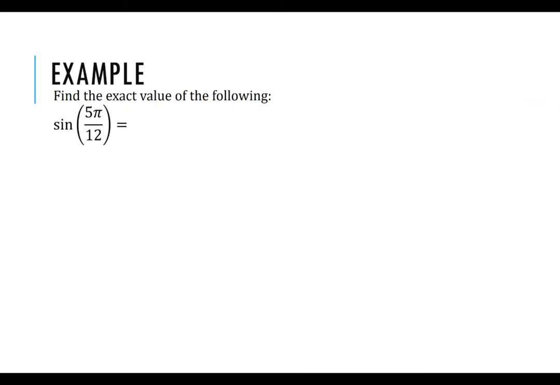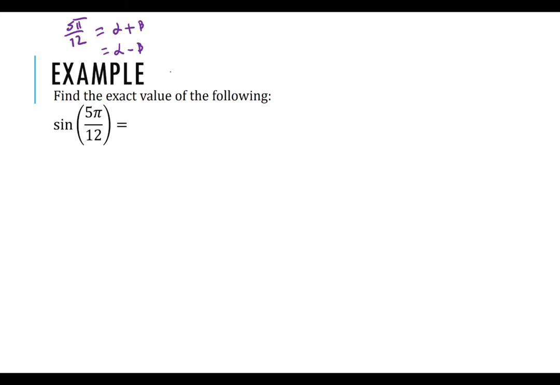Then if we have sine of 5 pi twelfths, recognize that 5 pi twelfths does not show up on my unit circle. So I'm trying to come up with a way to rewrite 5 pi twelfths as some alpha plus beta or some alpha minus beta. It doesn't matter which one, but we need to break it up into a sum or a difference of two nice angles.